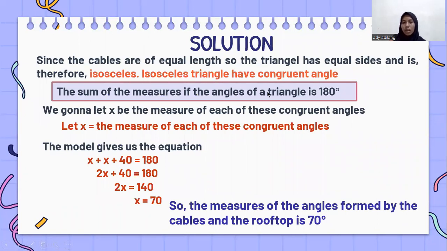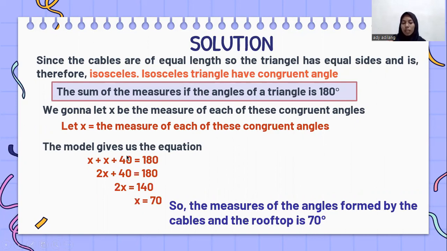Isosceles triangles have congruent angles, and the sum of the measures of the angles of a triangle is 180 degrees. Again, we're going to let x be the measure of each of these congruent angles.